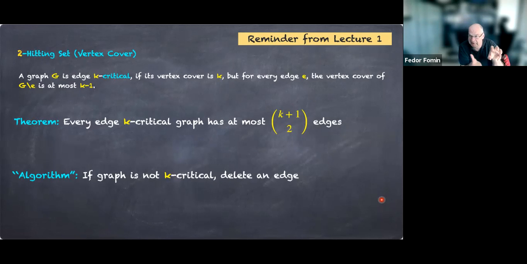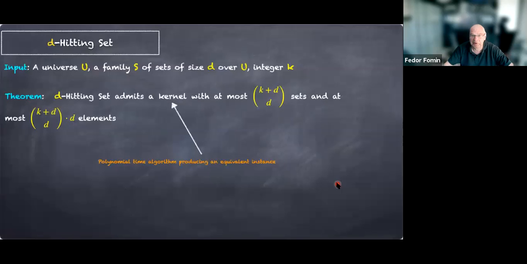Then I delete an edge and decrease the instance size. The only problem is that it is still not clear which edge to delete. We know that there exists an edge which I can delete, but which one is unclear. But let me do this for hitting set.